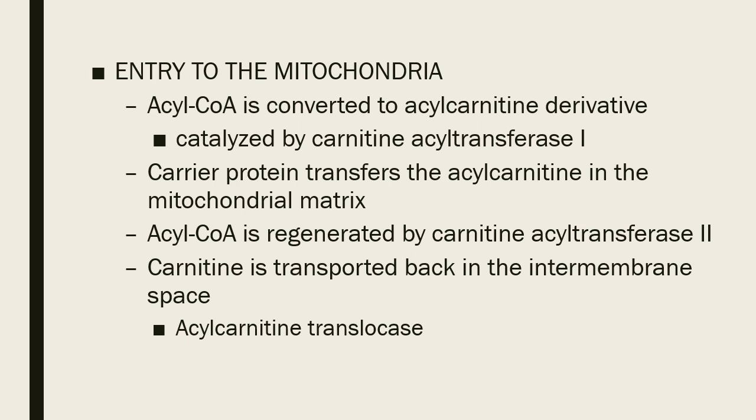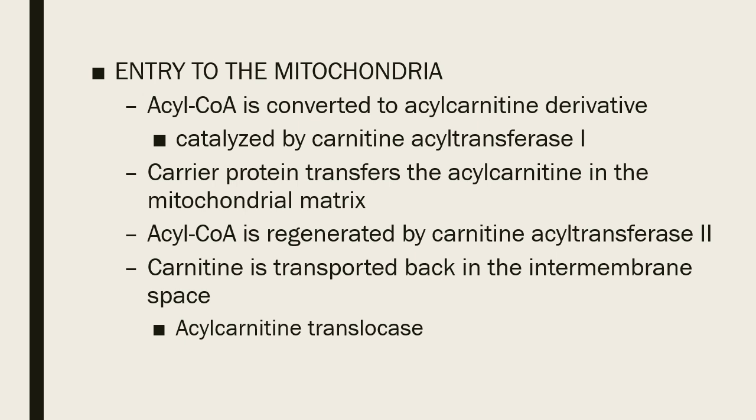Here you have the carrier protein. Acyl-CoA is converted into an acyl-carnitine derivative, catalyzed by carnitine acyltransferase 1. Carnitine is used to transport the acyl group into the mitochondria, across the inner mitochondrial membrane.